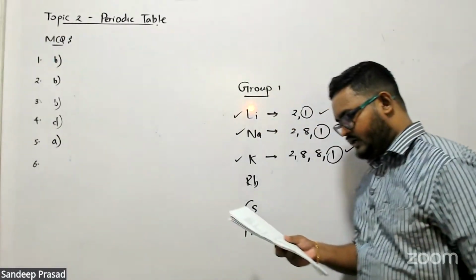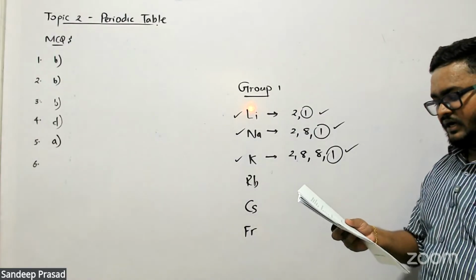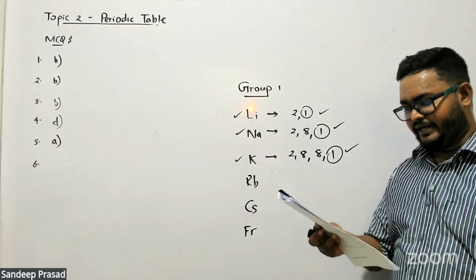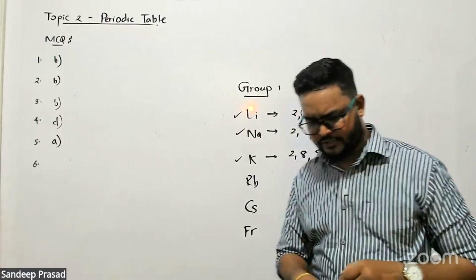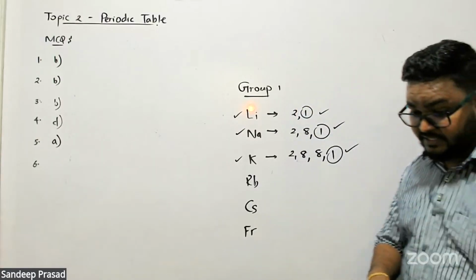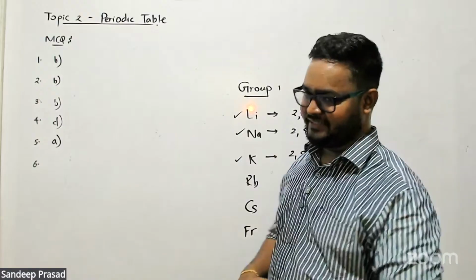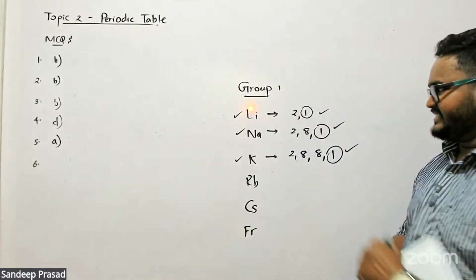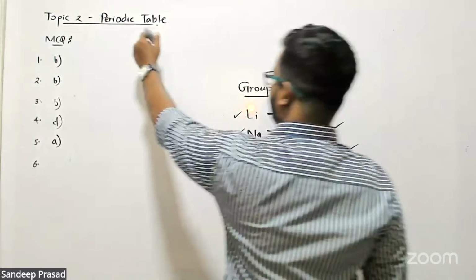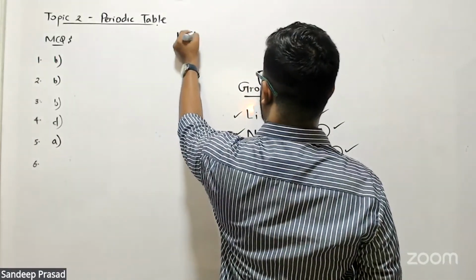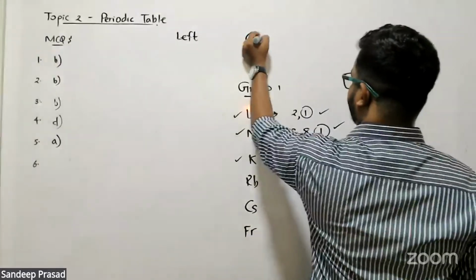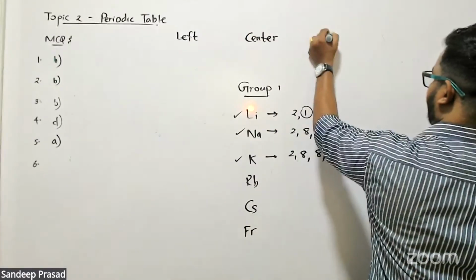Right? Across a period, from left to right, metallic character generally, what do you think? Disappears? No, it's not disappearing. We can't say disappearing. Remember, in the periodic table, left, center, and the right.